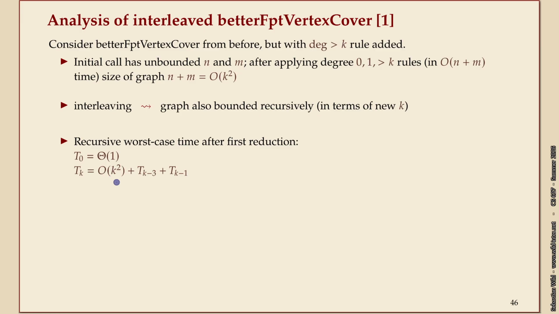And both can be done linear in the size of the graph, and the graph is, in the worst case, quadratic in the parameter of the current call. Okay. Maybe for consistency, I should have called this K L. That's what it was on the previous slide. But of course, it's just a name for the local variable. Now, the point is, I cannot simply ignore this part if I want to get the tighter analysis.